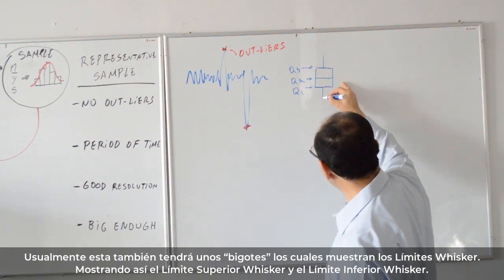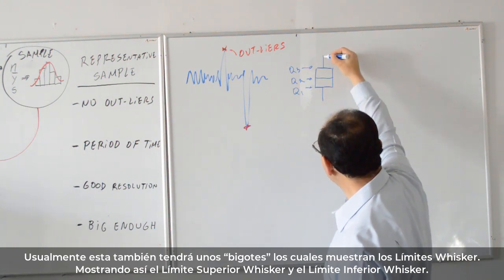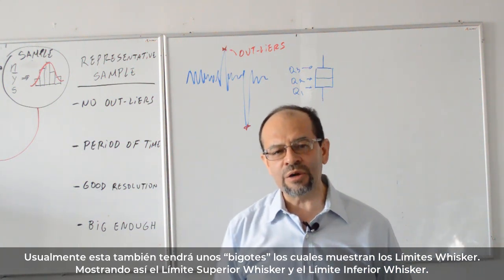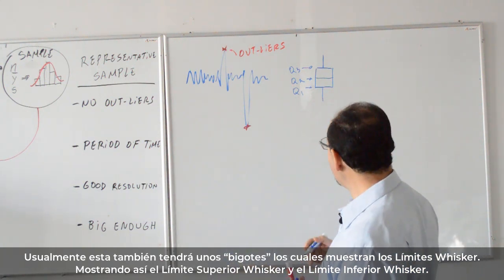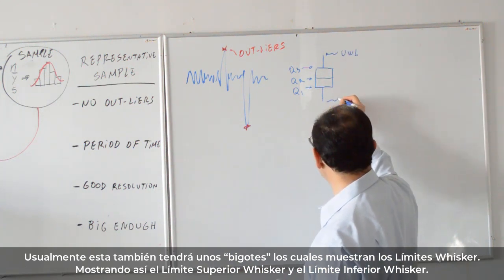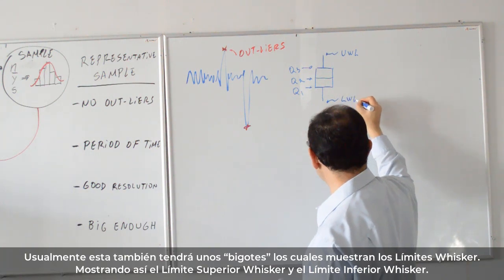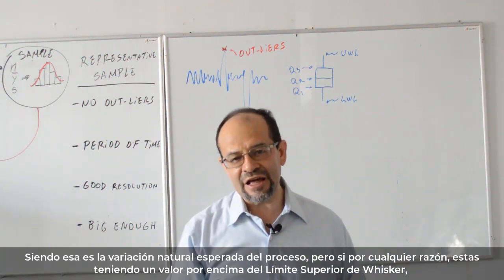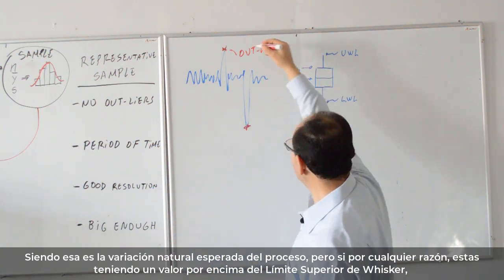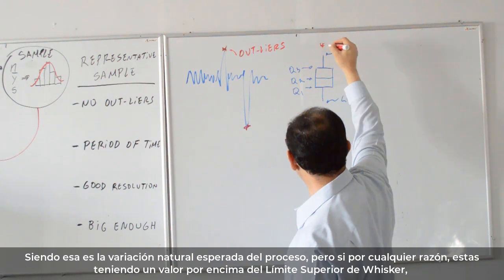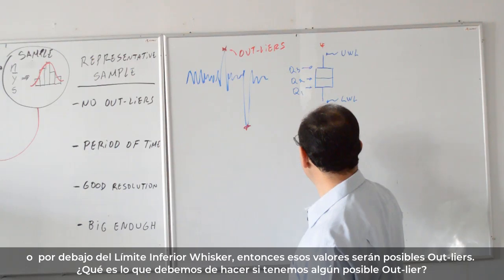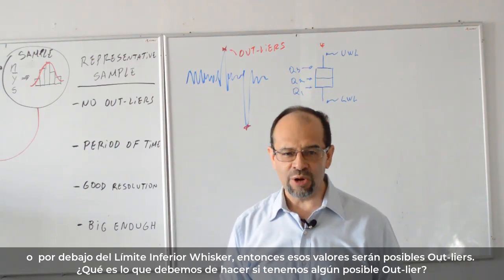Usually it also has some lines that determine the whisker limits. So this value is known as the upper whisker limit, and this value is the lower whisker limit. That is the expected natural variation of the process. But if for any reason you have a value, for instance here, far away from the upper whisker limit, or below the lower whisker limit, those are potential outliers.